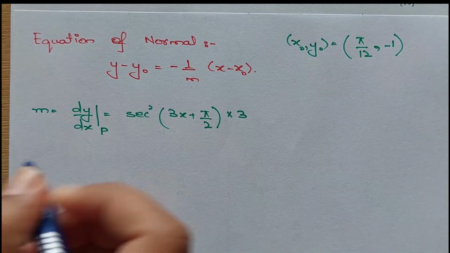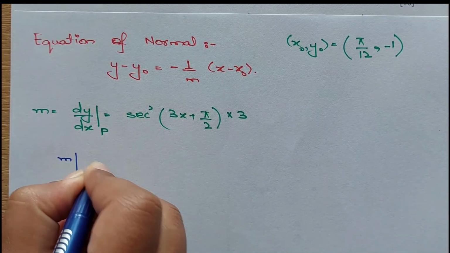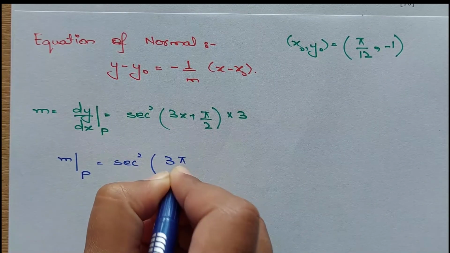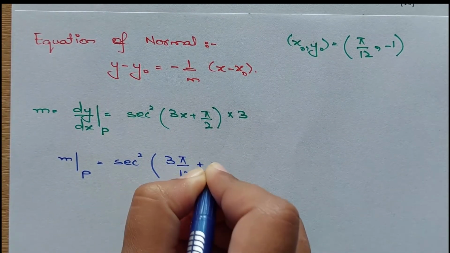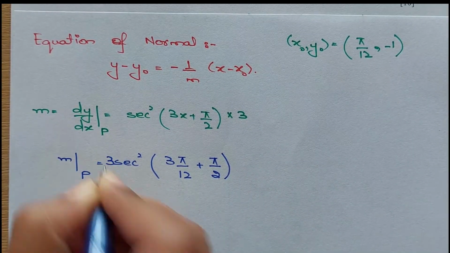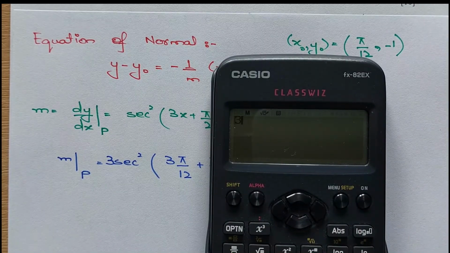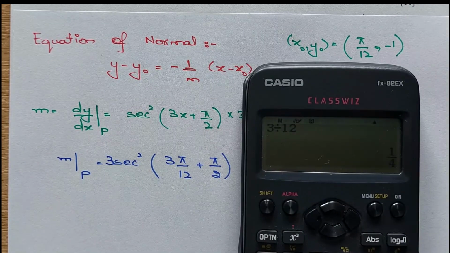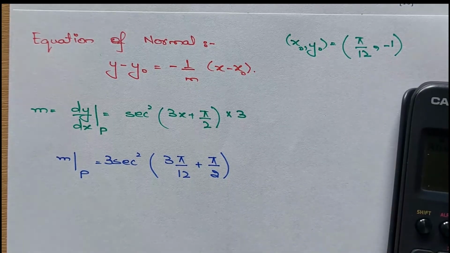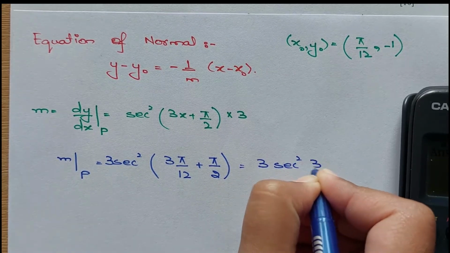So we have slope at the point P is 3 secant square of 3 times pi by 12 plus pi by 2. So 3 divided by 12 is pi by 4, and 1 by 4 plus 1 by 2 is 3 pi by 4. So this is 3 secant square 3 pi by 4.